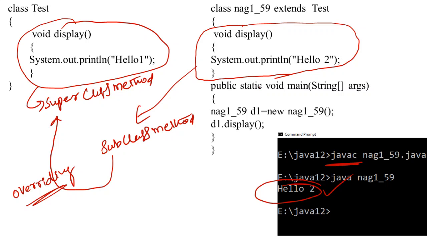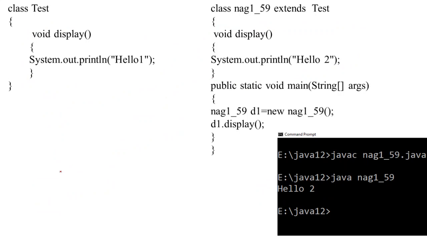What is method overriding? Method overriding means your subclass method overrides the superclass method. What does it mean? To override, this condition must be satisfied. They must have the same name, the same arguments, and the same return type.